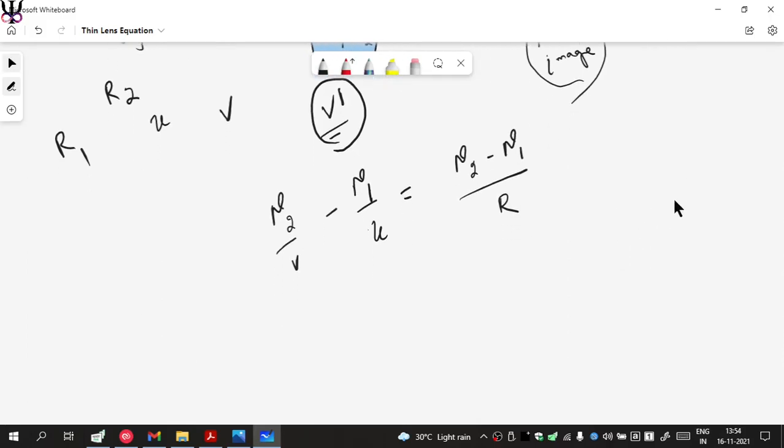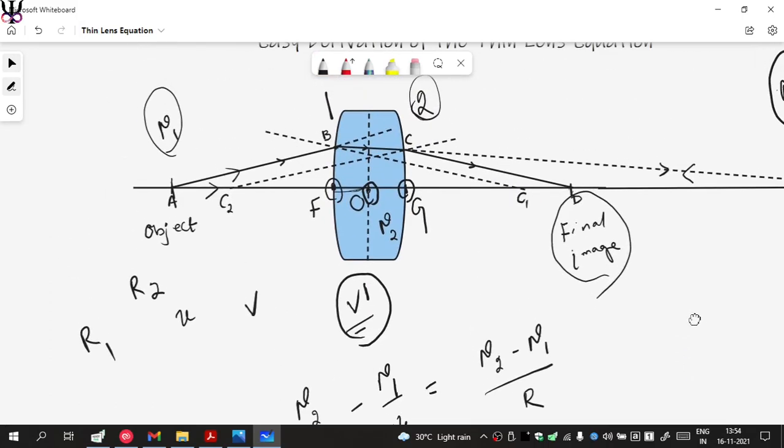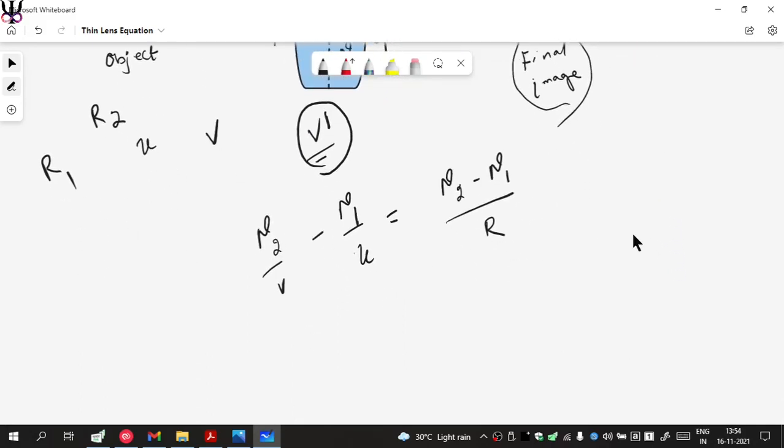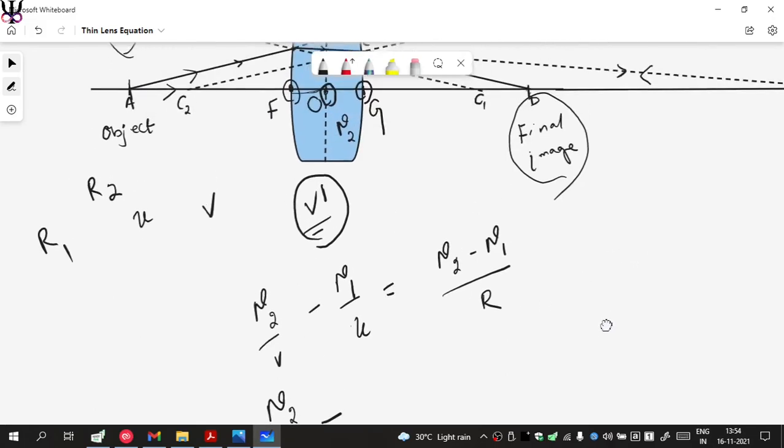Now for the single surface refraction at interface 1, it's very easy. We take mu2 as it is, because mu1 means the first medium and mu2 means the second medium. So we keep everything as it is: mu2 by V minus, first of all, what do we mean by V, what is V here?